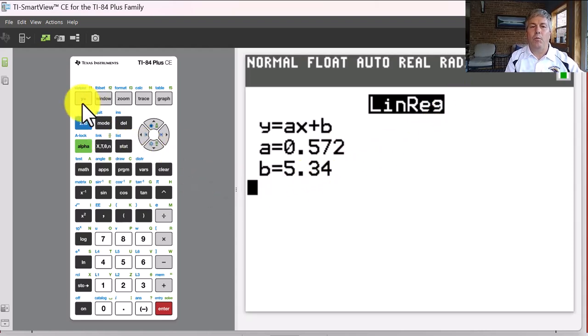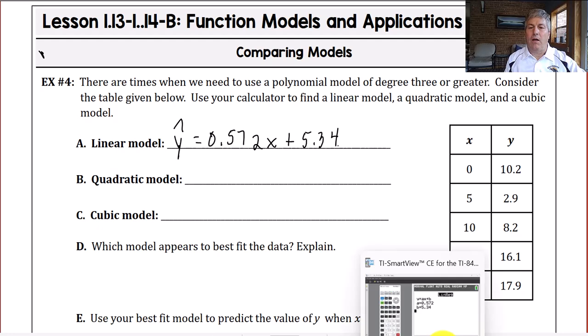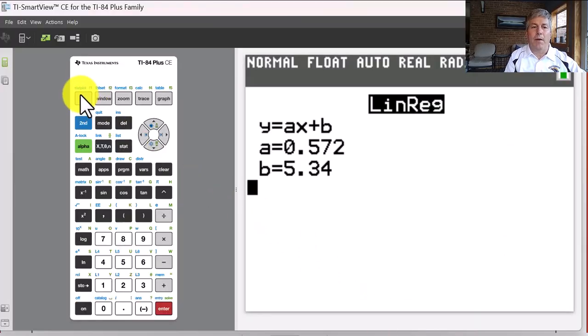And we'll also put it in our calculator under the y equals, so we can graph that line and see what that looks like. So my linear model's y hat equals 0.572x plus 0.534, and I'll also put that under the y equals menu in my calculator. Now I'm going to go back and do that again, and we'll get a quadratic model.